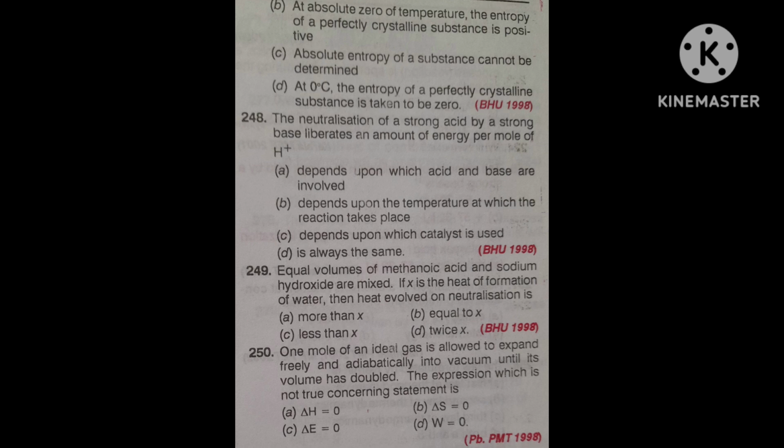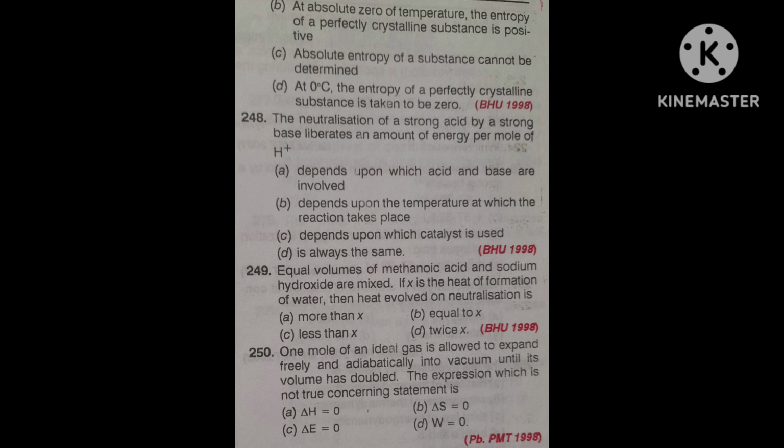Their direct value they have not given. That is X. If X is the heat of formation, then in acid base neutralization, H comes from the acid side, OH comes from the base side, and water is formed. In another way you can say it is the heat of neutralization, that is the heat of formation of water. That way the question has been twisted.